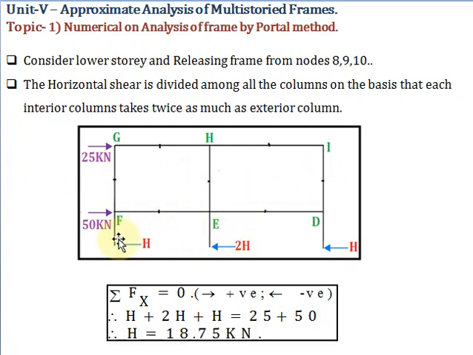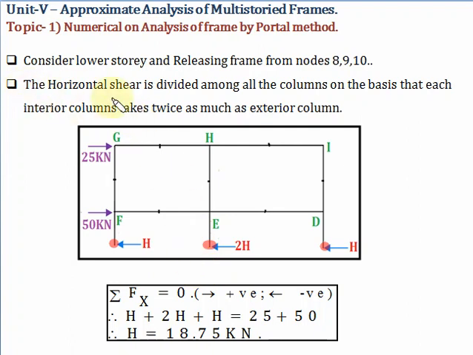Now we consider the lower story and release the frame from nodes 8, 9 and 10. This is node number 8, node number 9 and node number 10. We have released there because at that point we have considered the point of contraflexure.